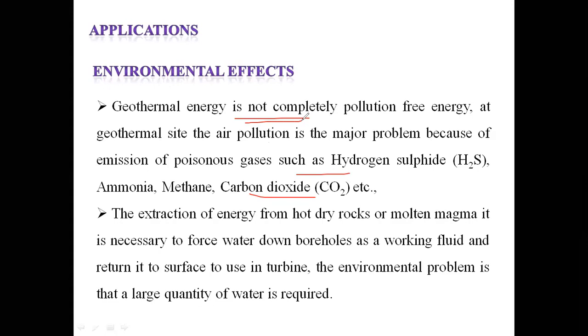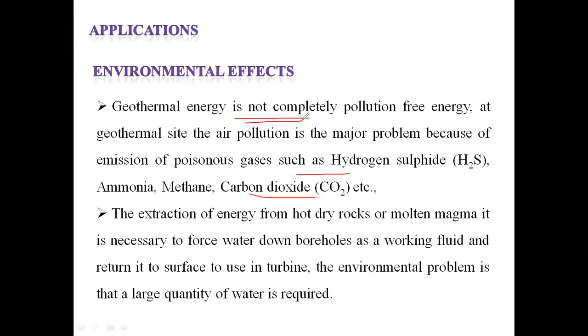In this class, we have discussed the introduction of the geothermal power plant and its working principle, and what the main sources used in geothermal are. Actually, the main source used is magma resources, but four methods are available: hydrothermal system, geopressure system, petrothermal system, and magma resources. Out of these, only magma resources are preferred.